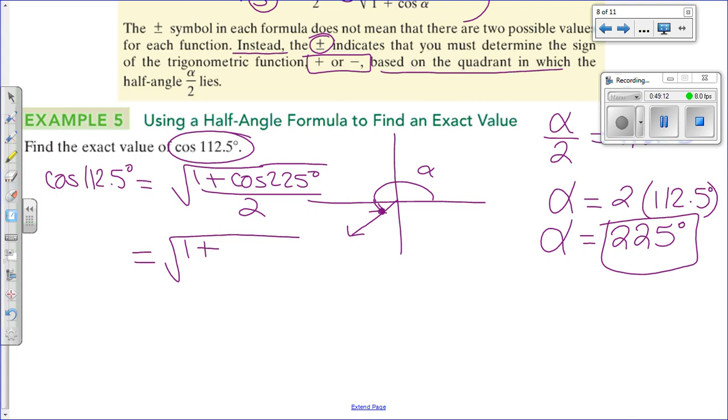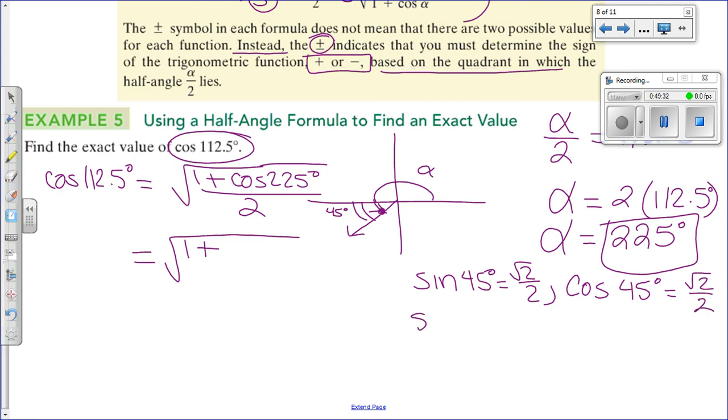For this value right here, we could use the reference value of 45 degrees. And so we're very good at determining what is the sine of 45 and the cosine of 45 because they are exactly the same thing. But when we talk about the angle 225 degrees, we have to consider that the terminal side is in quadrant 3.